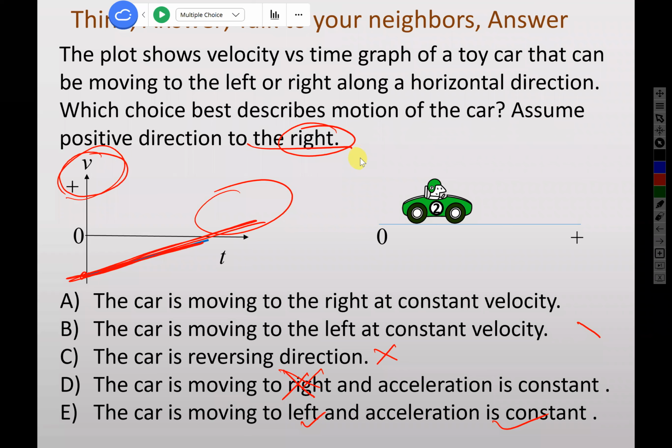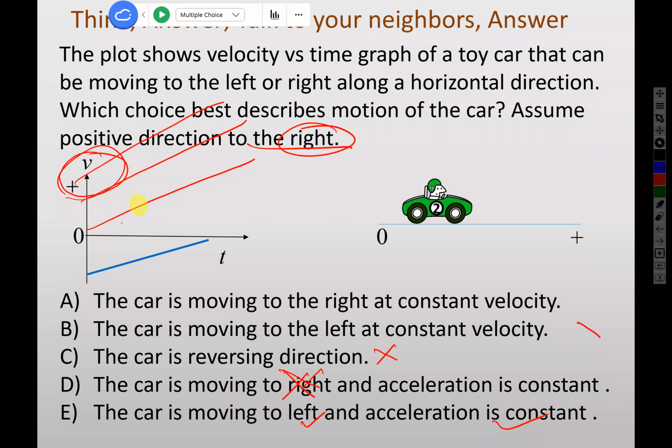Professor, if it was to start at 1, then it would be moving right, but because it's in the negatives, it's moving left. If it was moving right and the velocity was positive, then the graph would look something like this. Yeah, any one of those lines.